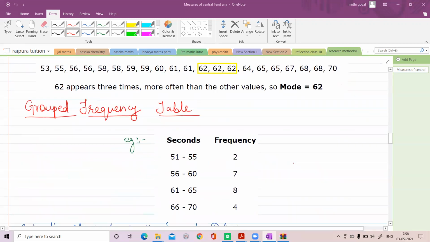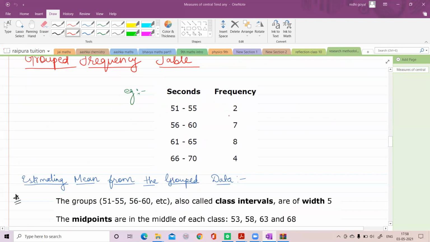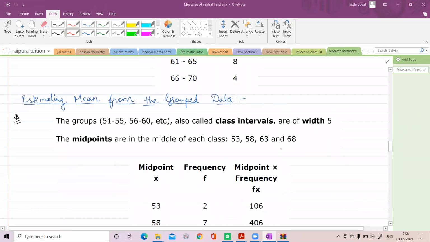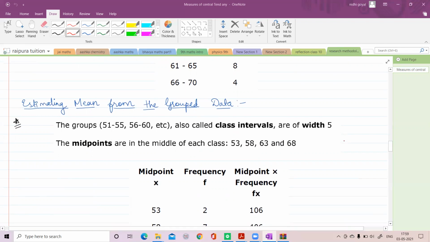Now for the grouped frequency table, we will be calculating mean, median and mode from the grouped frequency table. We will consider this example for our entire solution for mean, median and mode. All these groups are class intervals, and the width of every class interval is 5.